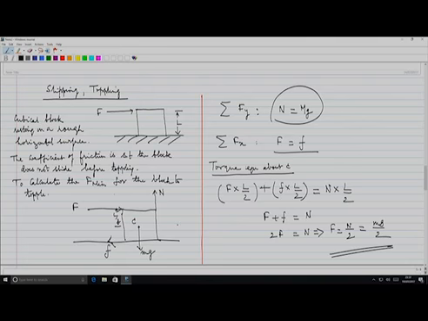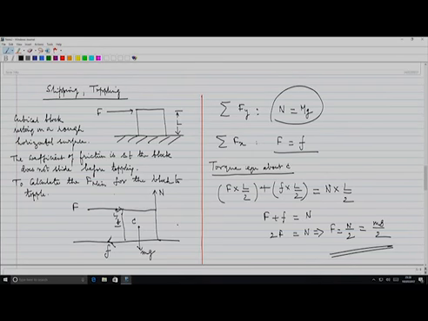What is interesting about this problem is you need not know the value of mu, because the question is what is the minimal force that is required to topple it. What have we made use of? Force balance along the x direction and along the y direction, and there are essentially three forces: capital F, the horizontal force, little f, the frictional force, and N, the normal reaction.